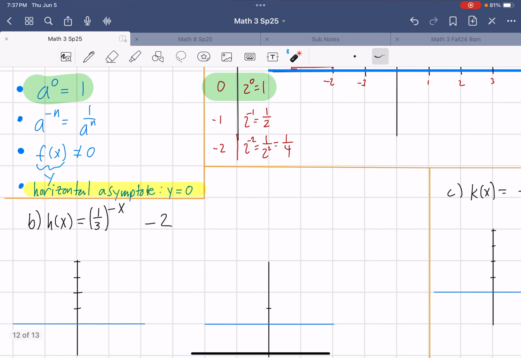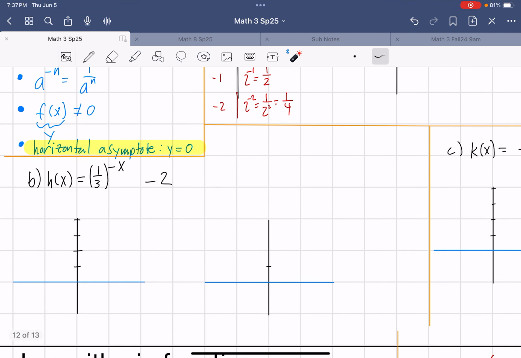And I say that because here's that very first example of 1/3. That's a number that's between 0 and 1. But remember, even if I plug in 0 here, that's going to turn this 1/3 into 1. So I can do this using transformations. So here's my first point. And the parent function here, the first one I'm graphing, is 1/3 to the x.